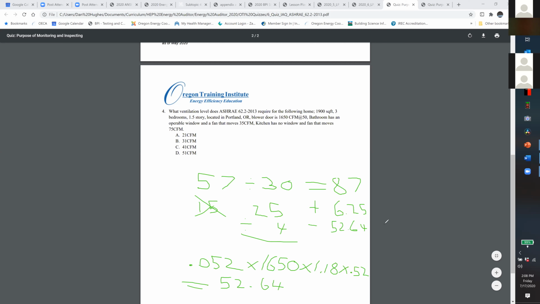So we have 87 plus 6.25 minus 52.64. We get 40.6, and we round that up, and we get 41.